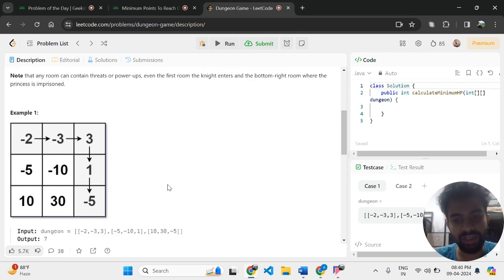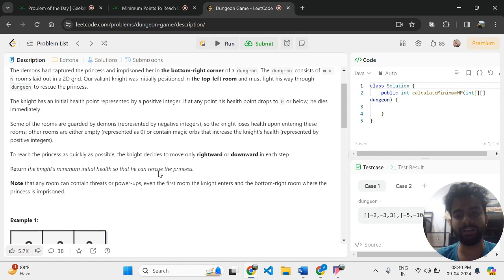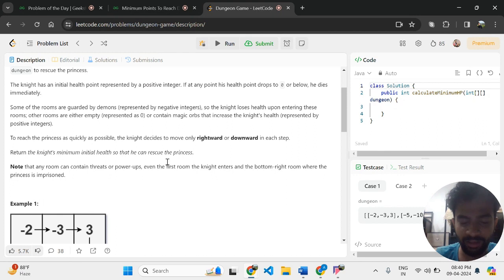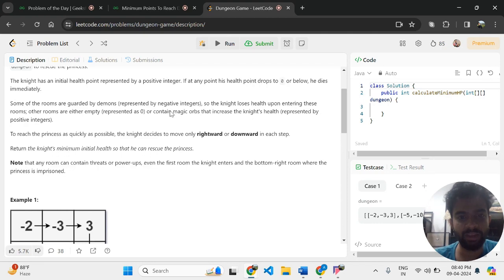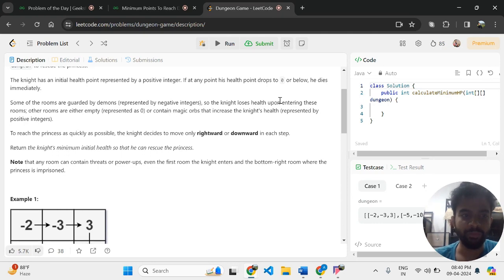So what is this initial health point? Suppose I've taken 1 over there as the initial health point. Whenever you used to play a game, we knew that whenever somebody kills us, our health decreases. If you have played any type of game where you are fighting with someone and somebody kills you, your health decreases by 1. So similarly over here you can see that the knight has been given an initial health point which drops to 0.